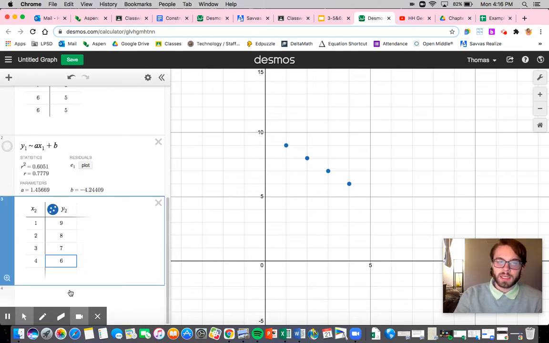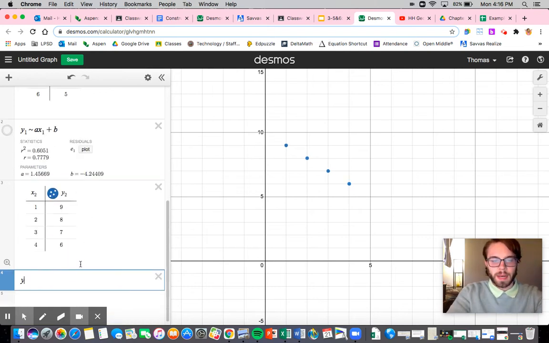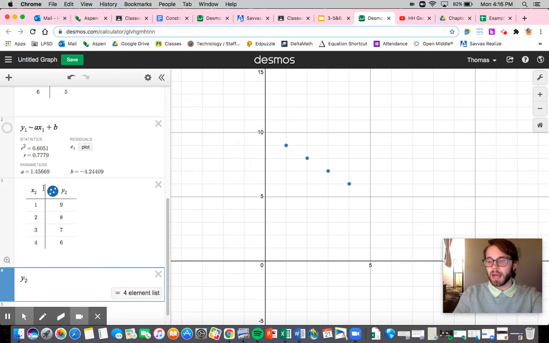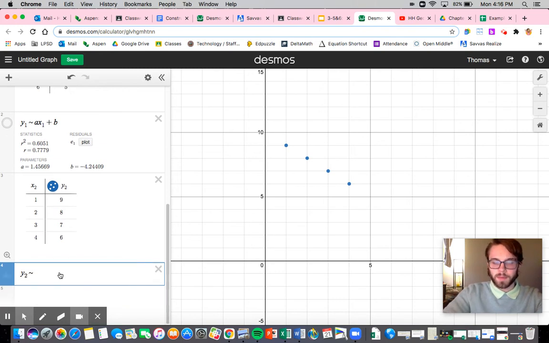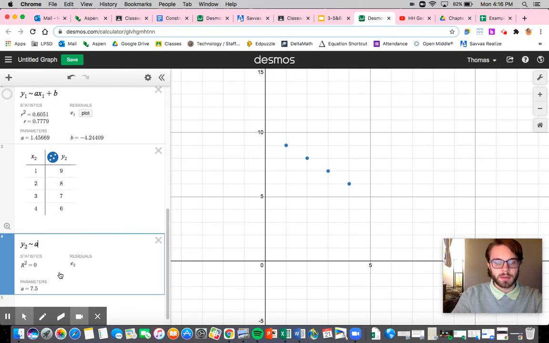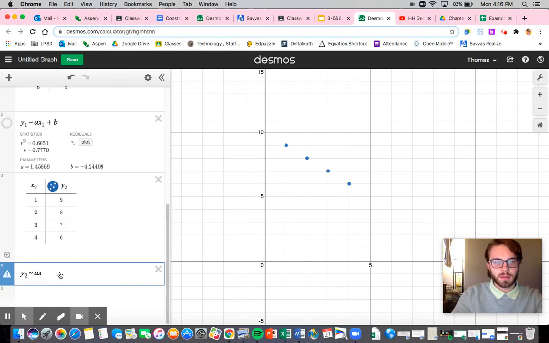If I tried to run this linear regression, I'm going to do y2 now because see how my table is now y2. Again, the tilde. So I did just do A and B, so I'm going to use different parameters. Oh, no, let's do the same thing.